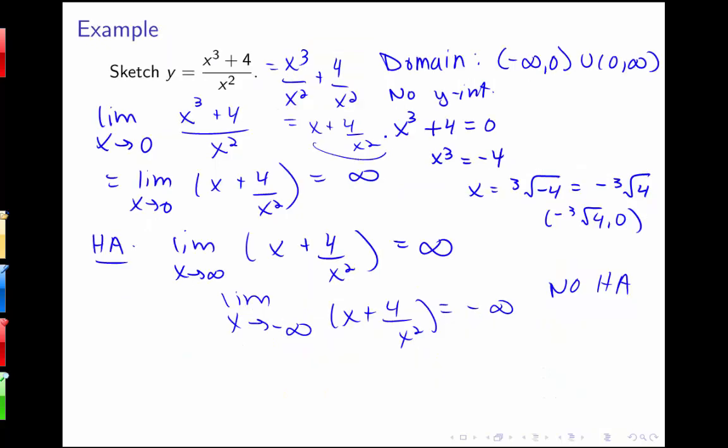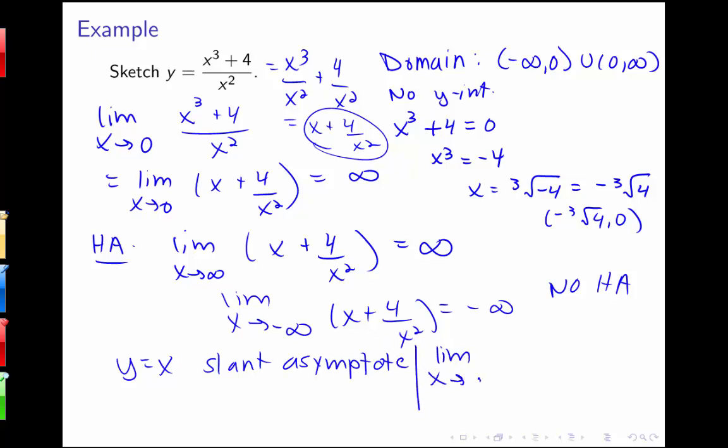So it looks like y equals x is going to be my slant asymptote. But to check it, I'd need to look at the limit as x goes to infinity of my function, which is x plus 4 over x squared minus the equation of my slant asymptote. So I see that those x's would cancel, and 4 over x squared would be going to 0 as x goes to infinity. So it is a slant asymptote.